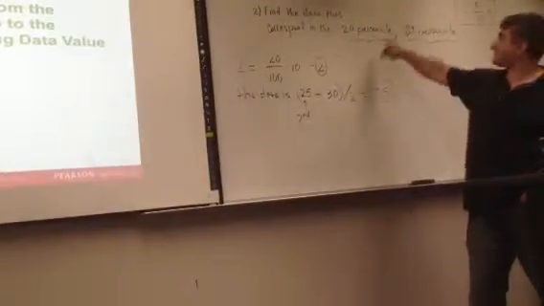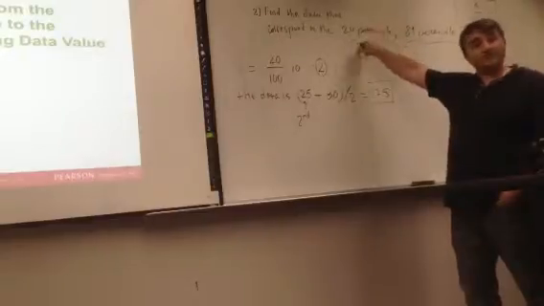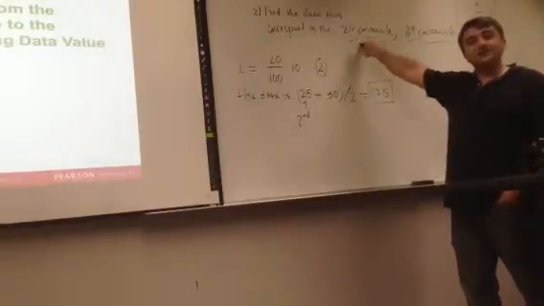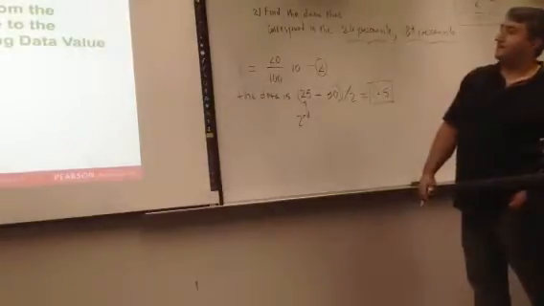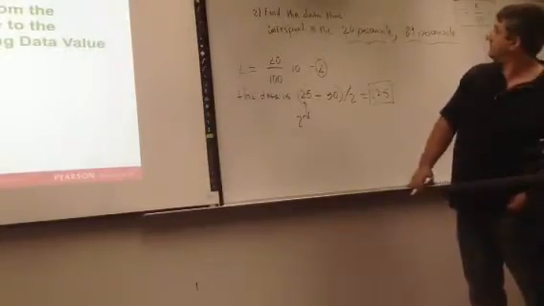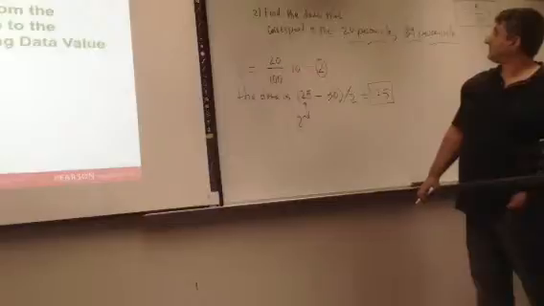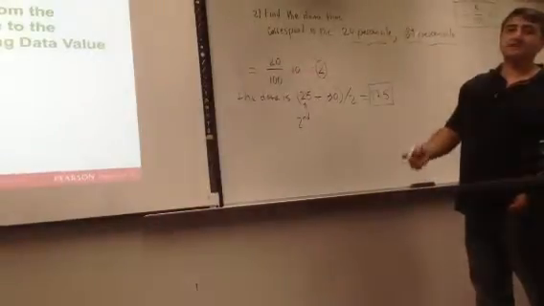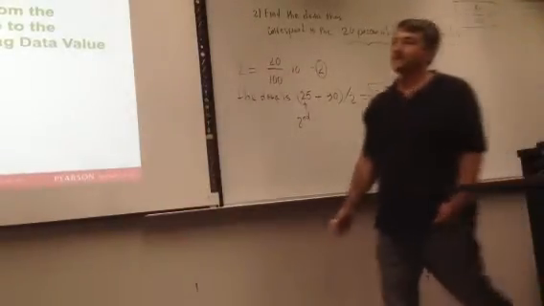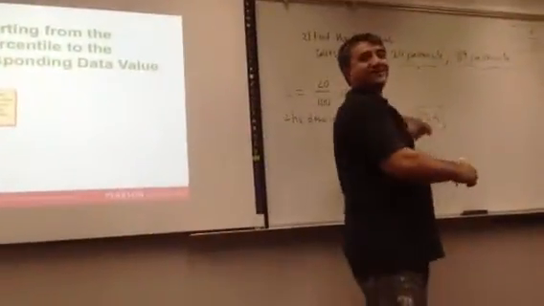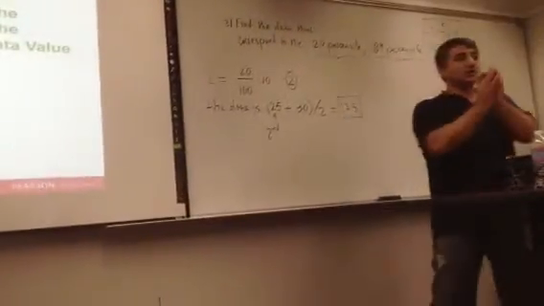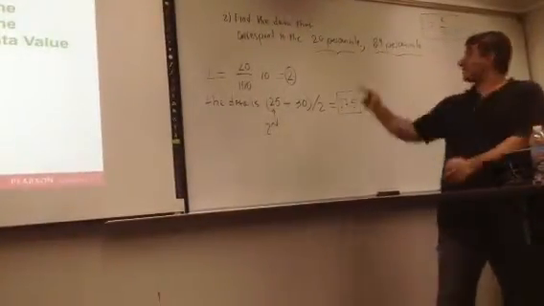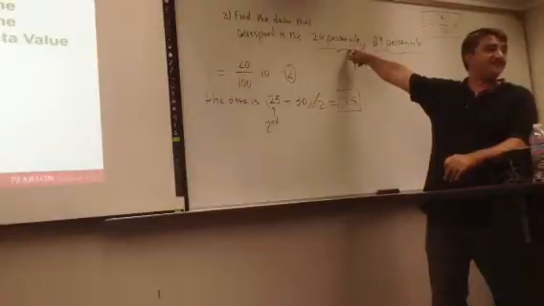What does 20th percentile mean? It means 20% of the data are below 27.5, right? That's the location. Agree? So we're looking for the locator that corresponds to the certain percentile.